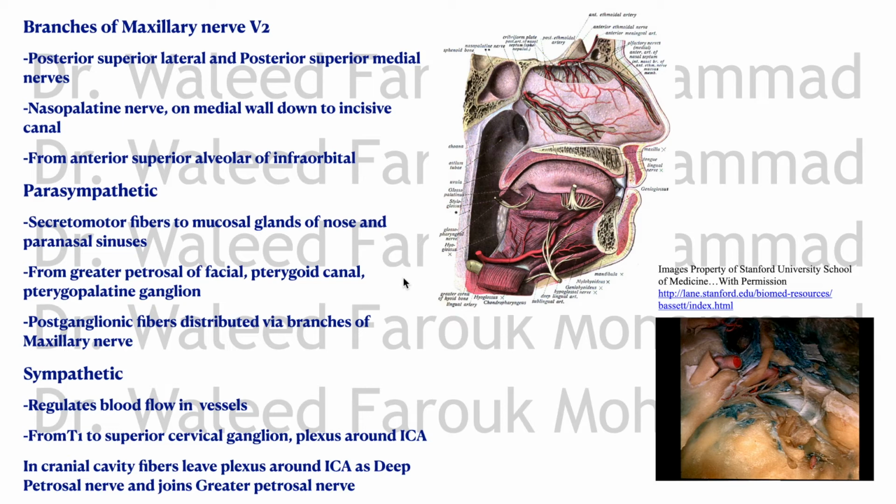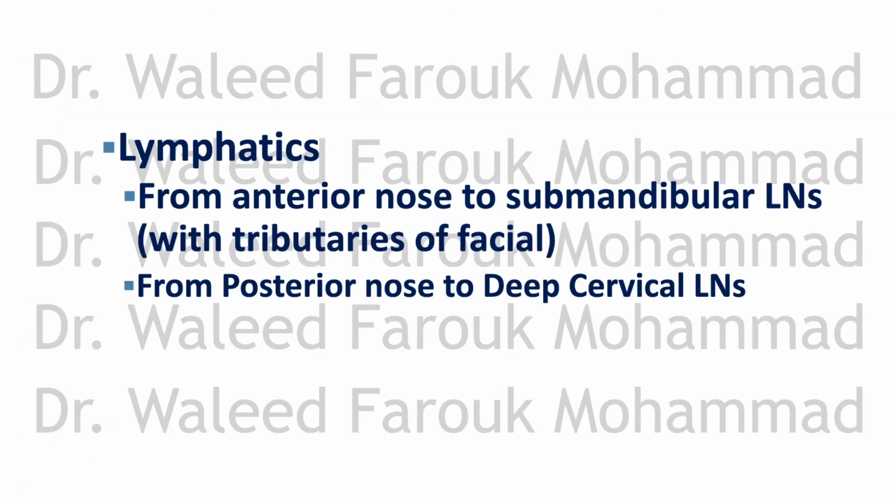And the sympathetic, I told you, is the deep petrosal nerve part, which is a branch of the plexus around the internal carotid artery that brought it from the superior cervical sympathetic ganglion. This is how the autonomic supply, the para and the sympathetic, reaches the nose.